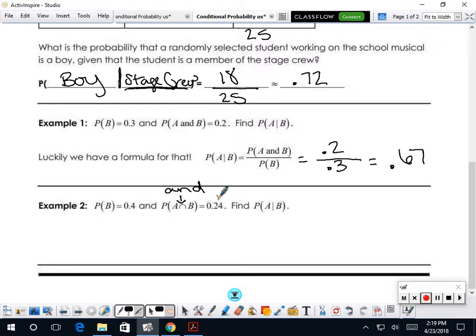Okay, so we still have all the same information. The probability of A given B is going to be equal to the probability of A and B, which is 0.24, divided by the probability of B, which is 0.4. 0.24 divided by 0.4 is going to give me 0.6.